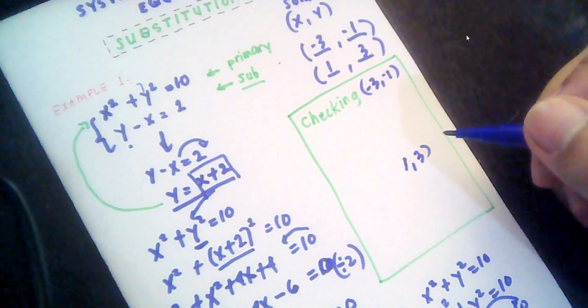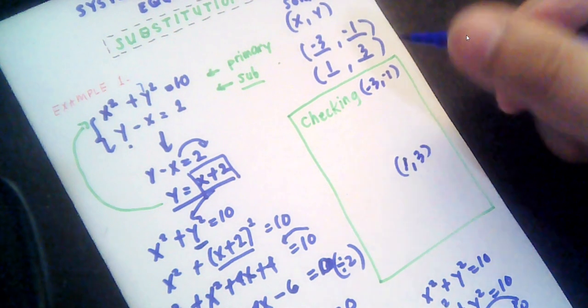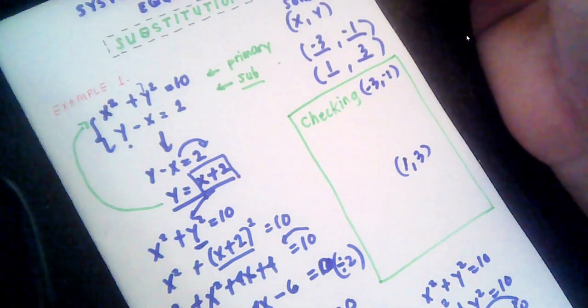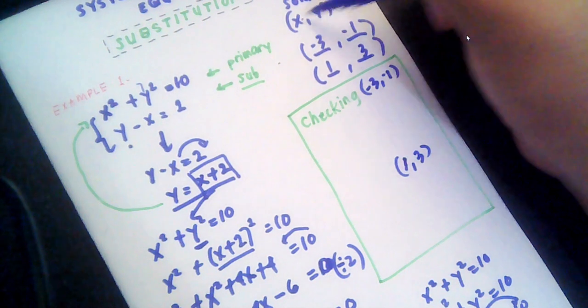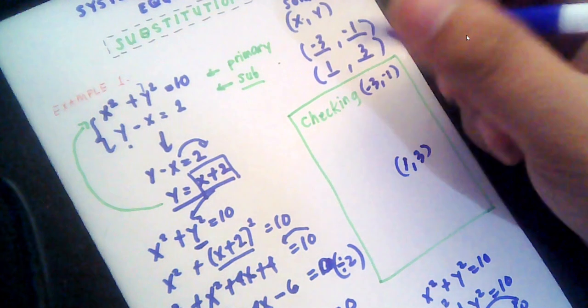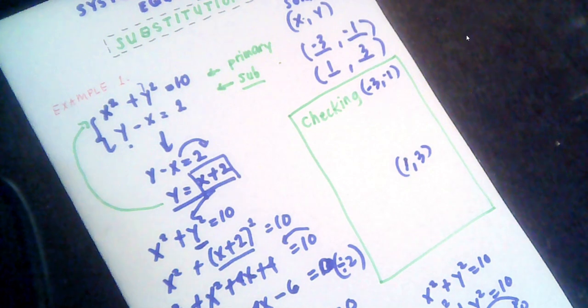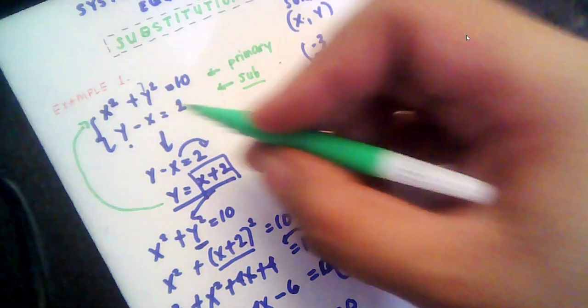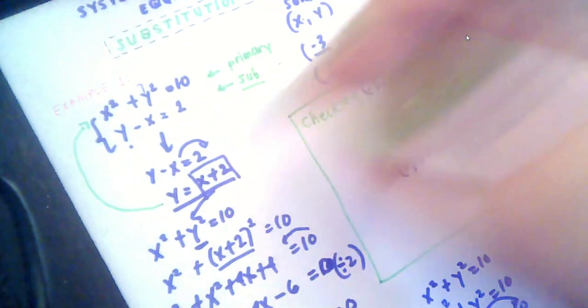In checking again, you may choose either of the equations. So now that we have the values of x and y, which are negative 3 comma negative 1 and 1 comma 3, we check them. Let us use the shorter one.